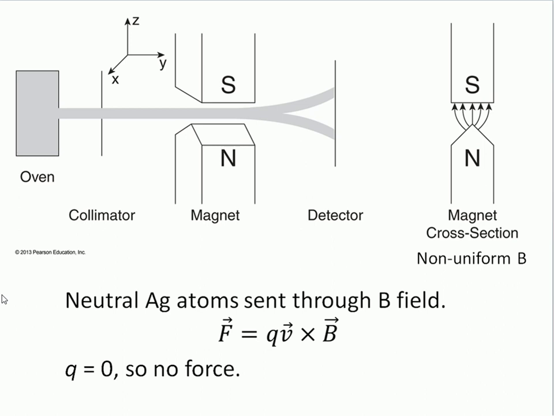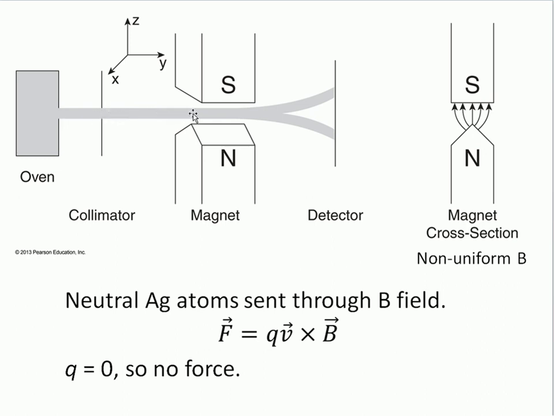In the Stern-Gerlach experiment, we have an oven that produces a gas of atoms. The atoms are neutral, they're not ions. And when they come spewing out of the oven, they pass through a collimator so that we have a beam of these neutral atoms.